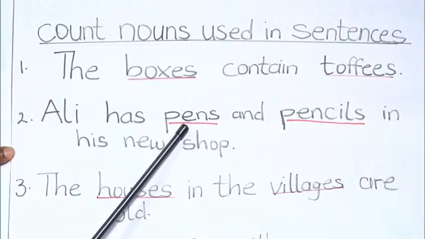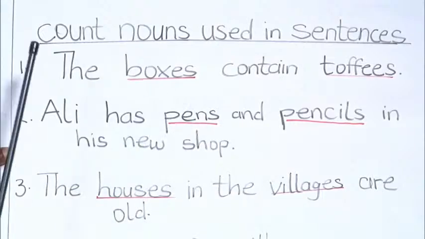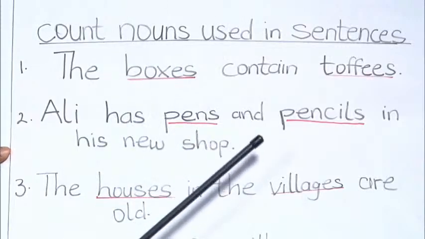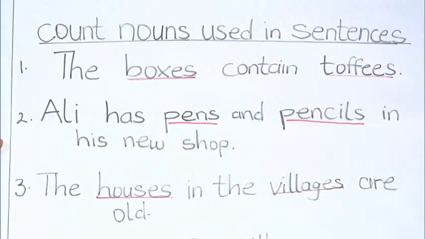Pens. Can we count pens? Yes, we can count pens. When we counted, we had 4 pens. What about pencils? Can it be counted? Yes, we can count pencils. So we have pens and pencils as count nouns or countable nouns. Good.